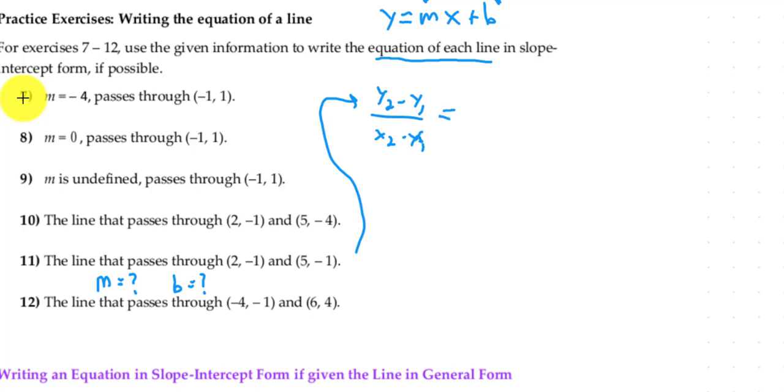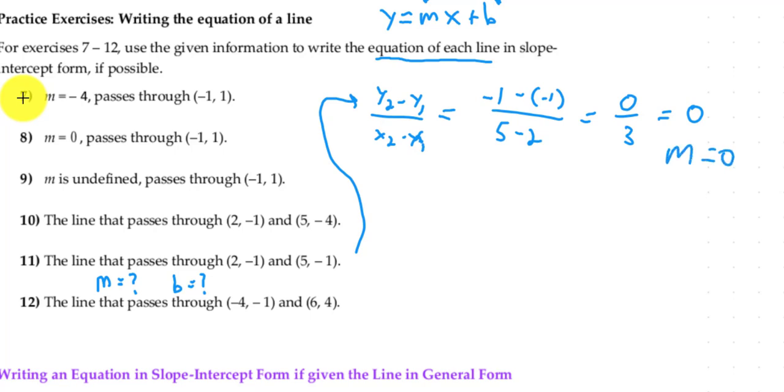All right, so that's going to look something like negative 1 minus a negative 1 over 5 minus 2. And this ends up giving us a 0 over 3, which equals 0. So our slope is 0.